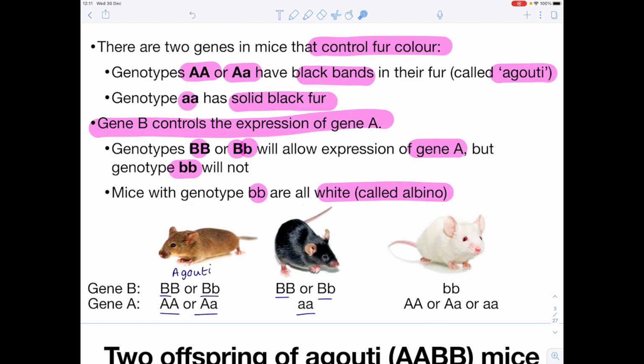Lastly, because we've got lowercase b, lowercase b, we will not allow the expression of gene A. It doesn't matter whether that mouse was supposed to have agouti fur colouring or solid black. Neither of these genotypes will be expressed, because the lowercase b has masked their expression, and that's why we have our albino mouse.